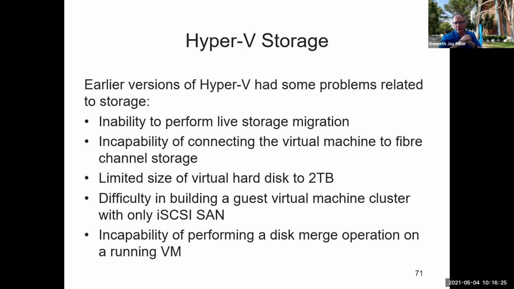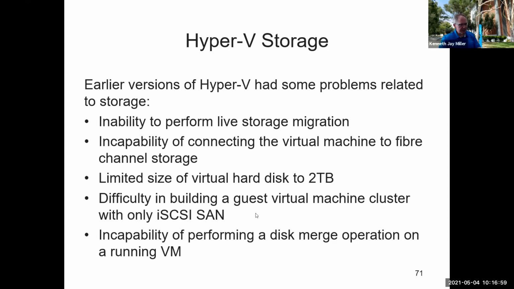Now, earlier versions of Hyper-V had some problems with storage. One, it didn't have the ability to perform live storage migration. That wasn't a feature, right? It also didn't work well with fiber channel storage, and it had a limit on the hard drive size of 2 terabytes.